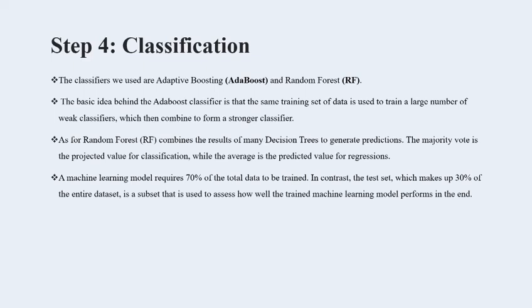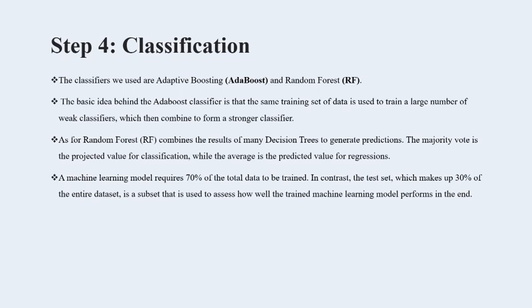Step 4. Classification. The classifiers we used are adaptive boosting and random forest. The basic idea of adaptive boosting is that the same training set of data is used to train a large number of weak classifiers, which then combine to form a stronger classifier. As for random forest, it combines the results of many decision trees for better prediction.